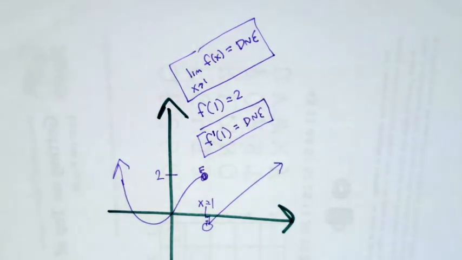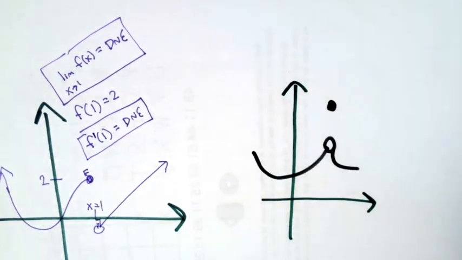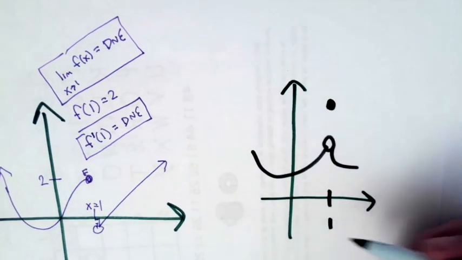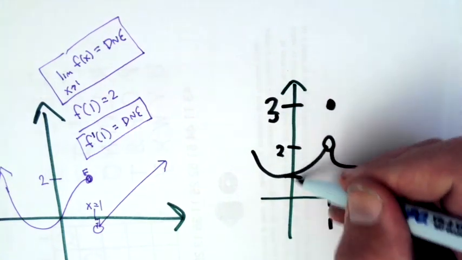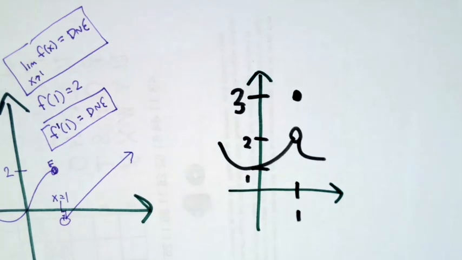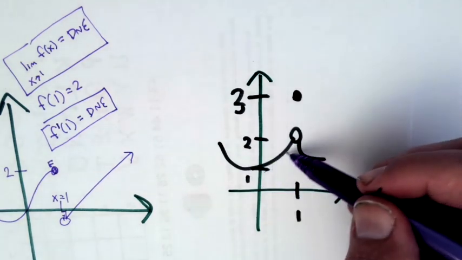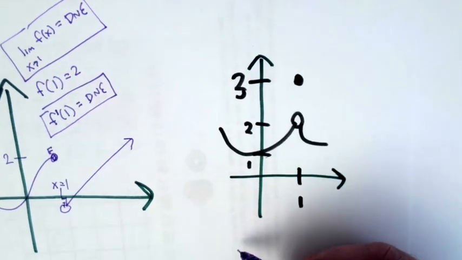What if there was a graph? So let's say that this is 1, this is 2, actually this is 3, and this is 2. Okay. So when you look at a graph like this, first of all, it's not continuous, because to be continuous, you have to go through that point and just be able to continue on. So this is not continuous.